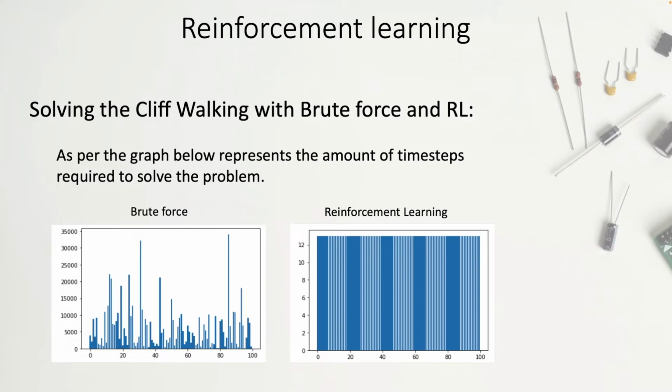The graph below represents the number of time steps required to solve the problem. In the brute force, we can see up to 30,000 steps before the solution was found, whereas in reinforcement learning, the agent took a constant number of steps, about 13, to solve the problem.